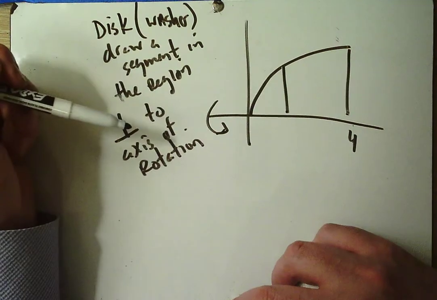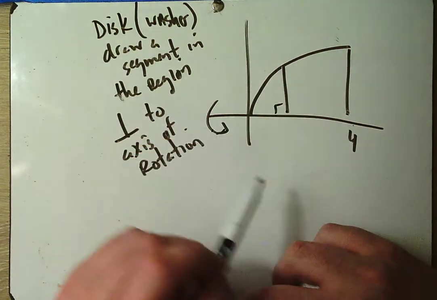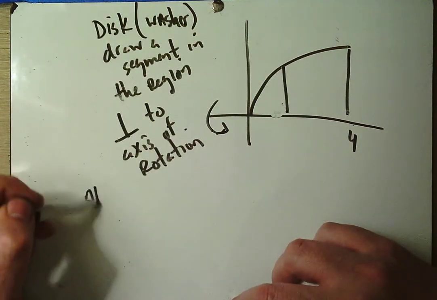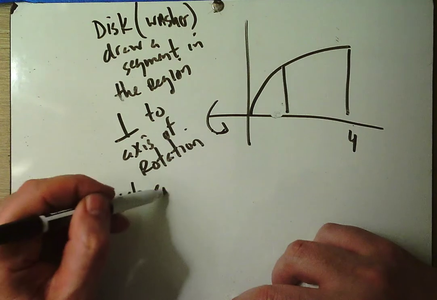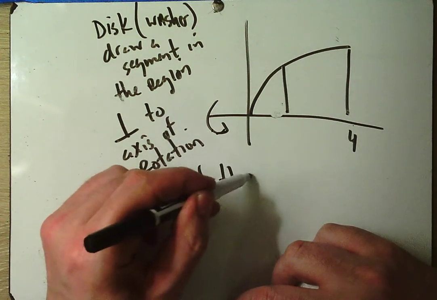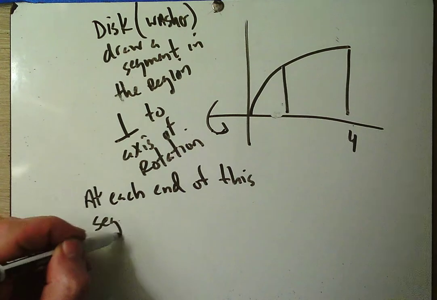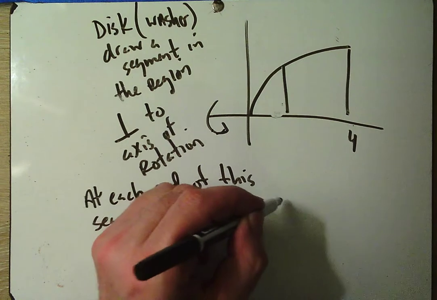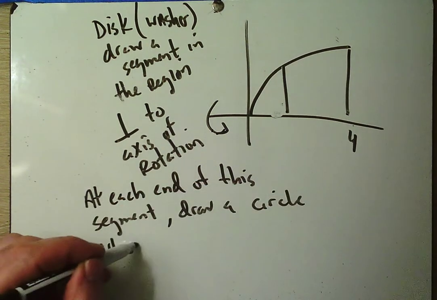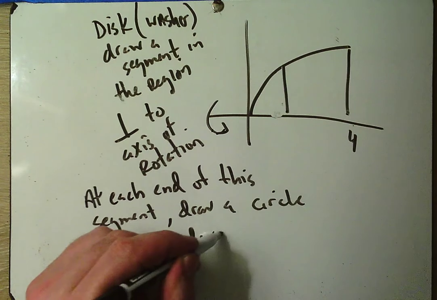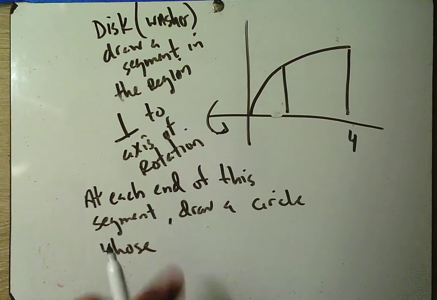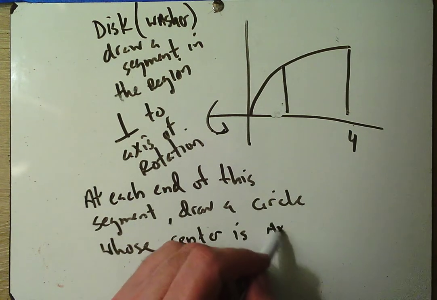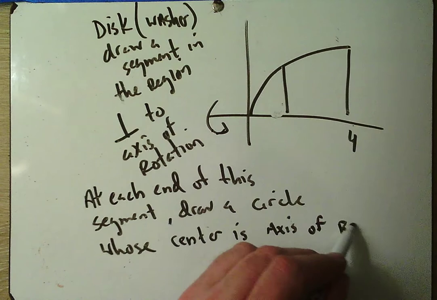So I draw a segment perpendicular to the axis of rotation. Okay? And then at each end of this segment, draw a circle whose center is the axis of rotation.